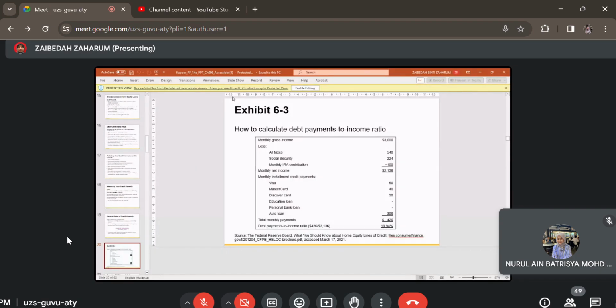And then debt payment tadi, monthly payment untuk all you punya debt, total dia 426. So kat sini 426 you bahagikan dengan 2136. So you akan dapat 19.94 percent.